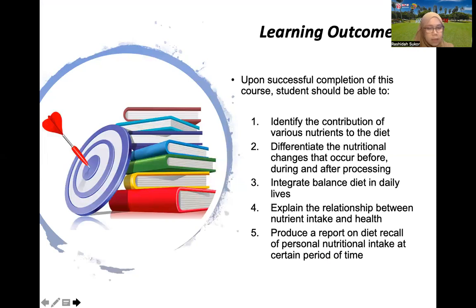So the learning outcome for this topic is, after you have finished this topic, you should be able to identify the contribution of various nutrients to the diet and differentiate the nutritional changes that occur before, during, and after processing.